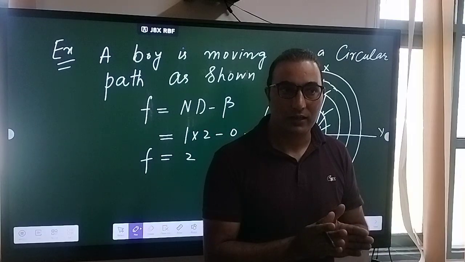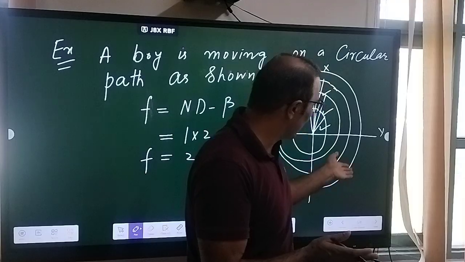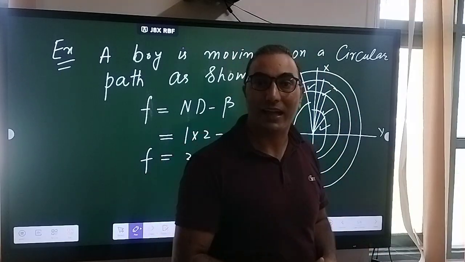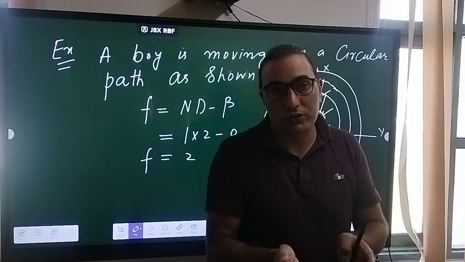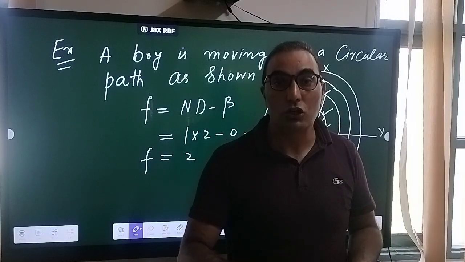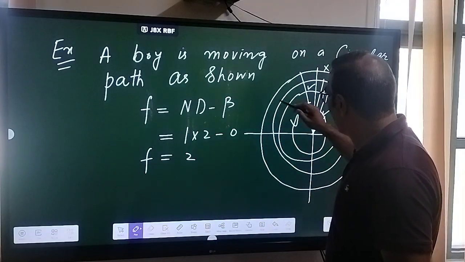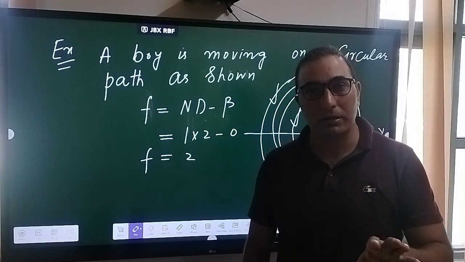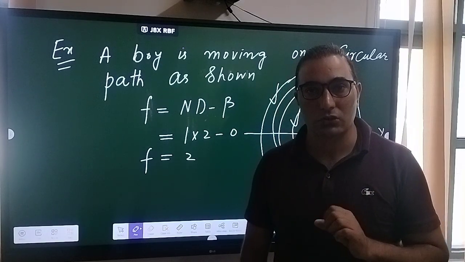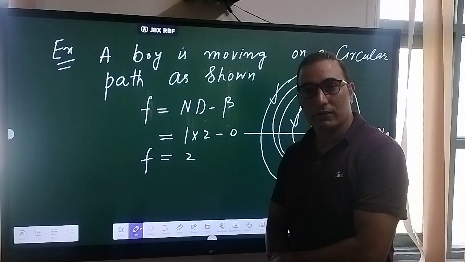This is the basic difference, because here I am saying that it is moving along a circular track, but that circular path is not fixed. It can be any circular path, or it can make a small circle, or this one, right? In that case, beta will be equal to 0. So when beta is 0, the degree of freedom will be equal to 2, right?